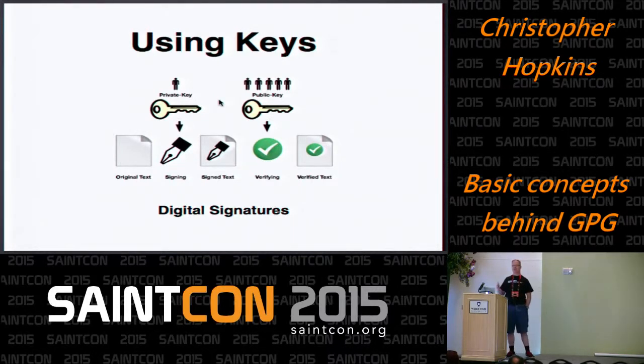You may choose to use GPG and never encrypt something, but just use it as a tool that allows other people to know that the message came from you and hasn't been manipulated. You can use your private key to sign a message, and then everyone else in the world can use your public key to know that it came from you. So that's the integrity and authenticity value that you can get out of the system.